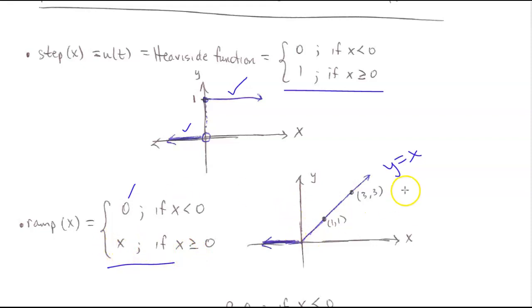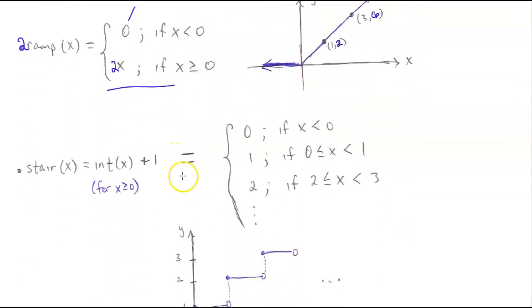So it ramps up with a slope of 1. If I had, let's say, 2 times ramp of x, then of course this would look like the function 2x here. So I would have, say, 1, 2, and 3, 6, if it was like that.